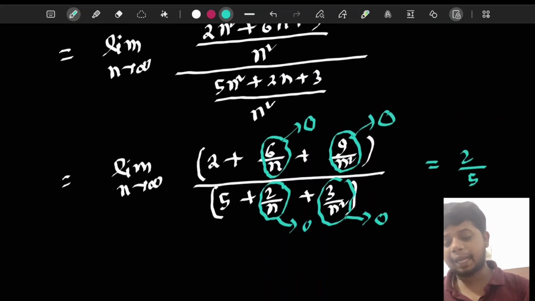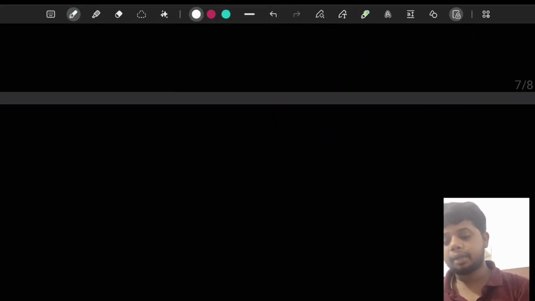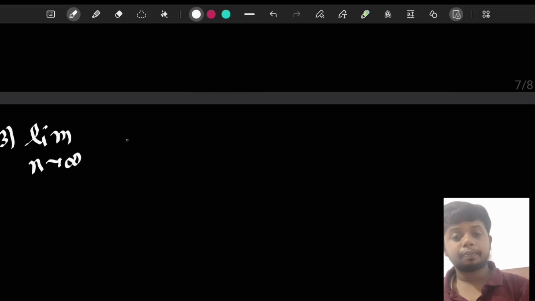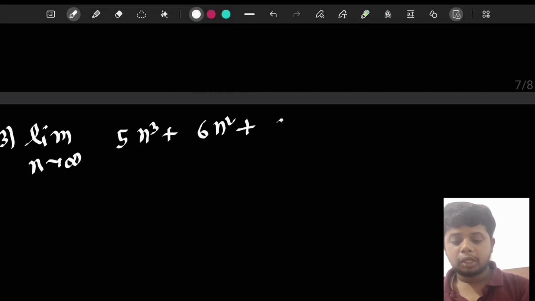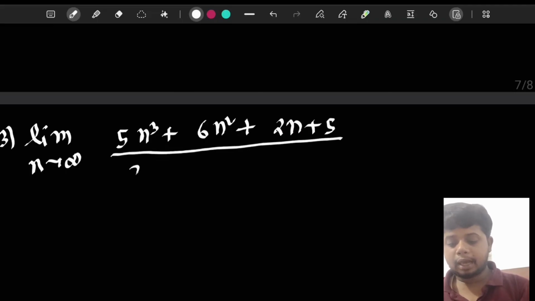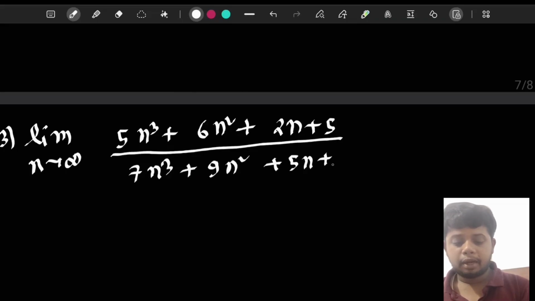Now if you see the pattern, tell me one thing. Question number 3: limit n tends to infinity of (5n cube plus 6n square plus 2n plus 5) by (7n cube plus 9n square plus 5n plus 3).